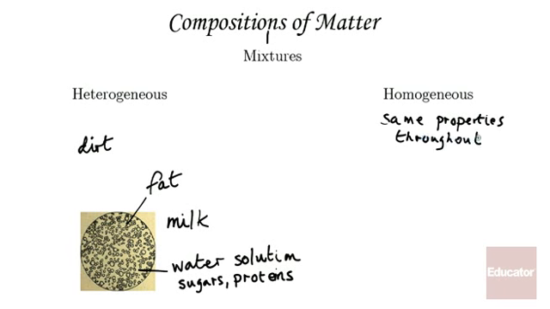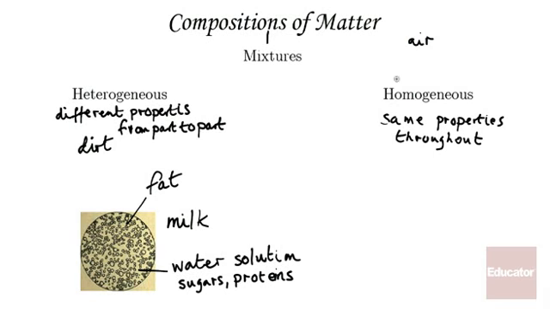This contrasts with the heterogeneous substances which have different properties from part to part. Some familiar homogeneous substances include such common things as air. We're all familiar with air, and air has the same properties throughout.